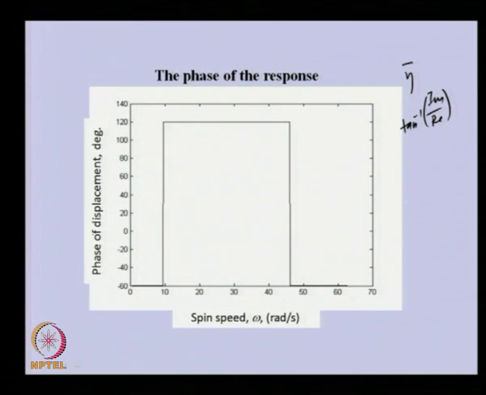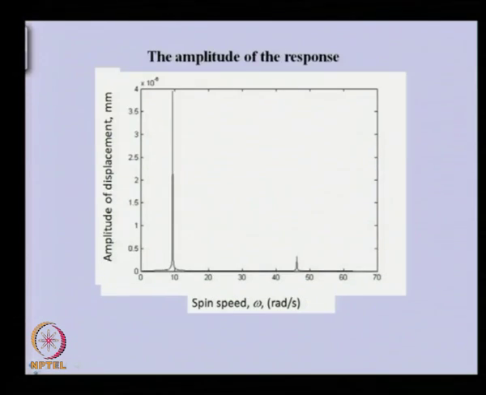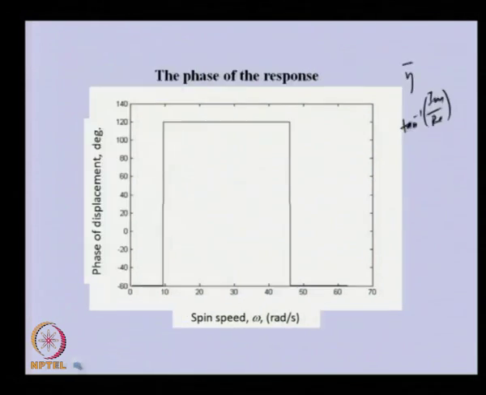So, you can see that we have change in the phase corresponding to where the peaks were there. So, here there is a change, here there is a change. You can see there were peaks at that location. So, wherever the critical speed occurs, there will be change in the phase. And this particular response is in the vertical direction.